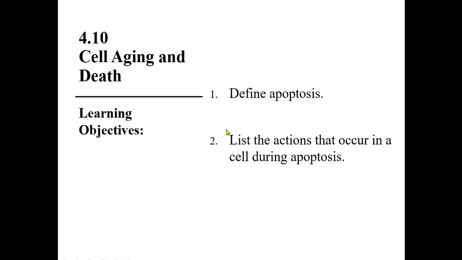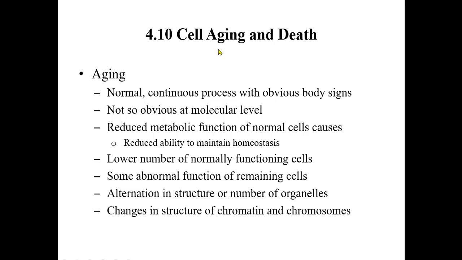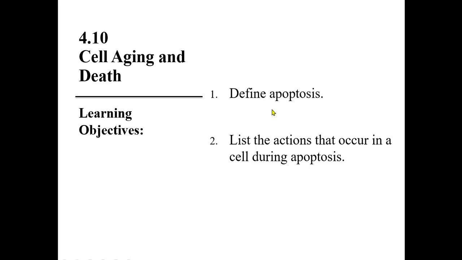Okay, last few things. Cell death and aging, called apoptosis. And that is this term right here, by the way. Apoptosis is pre-programmed cell death. Every cell is pretty much destined to die.